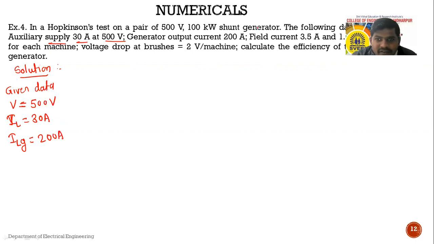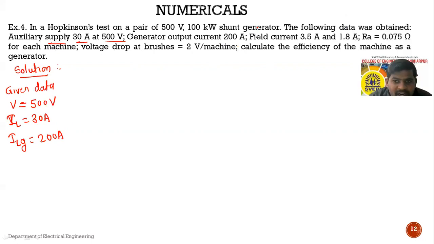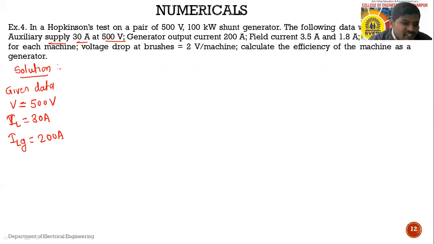Again the field current is given, field current 3.5 ampere and 1.8 ampere respectively. म्हणजे मोटरचा field current दिलेला आहे, that is we are representing ISH of motor is equal to 3.5 ampere. Similarly ISH of generator is equal to 1.8 ampere.